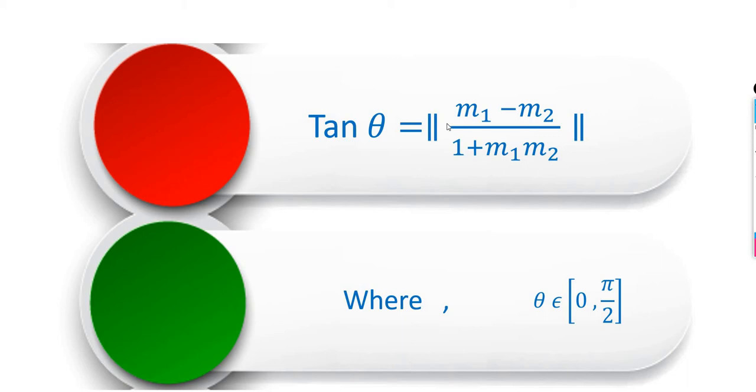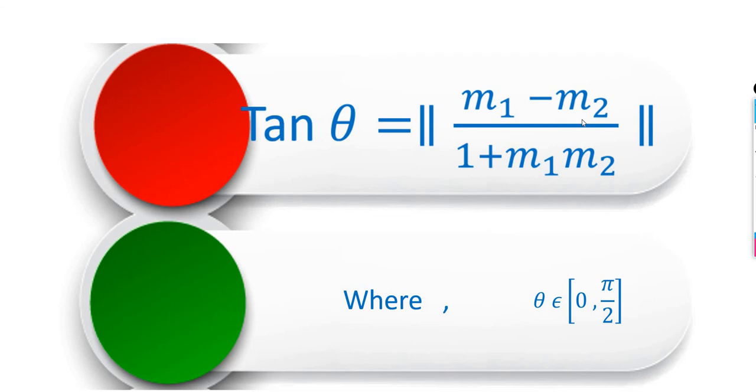Tan theta equals modulus of m1 minus m2 divided by 1 plus m1 m2. Theta is the angle between two straight lines, m1 the slope of the straight line L1, and m2 the slope of the straight line L2.